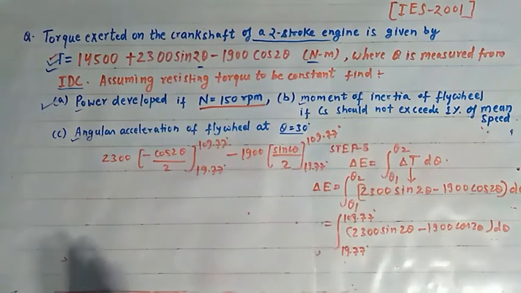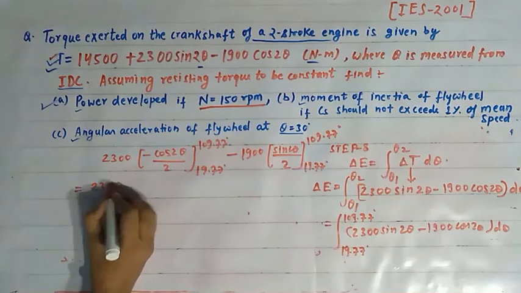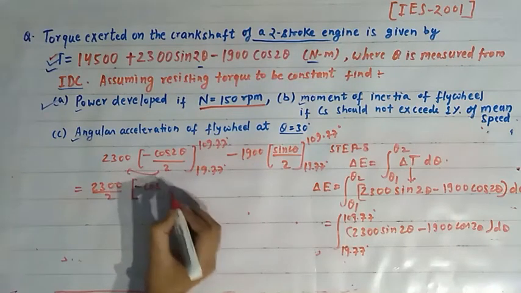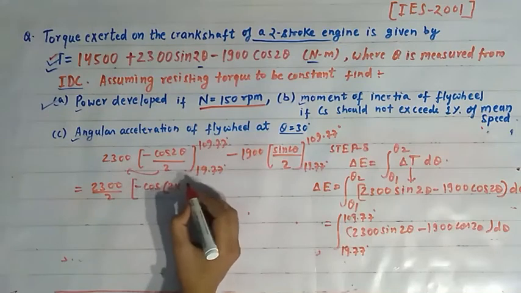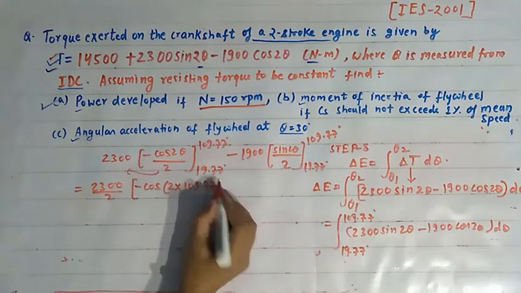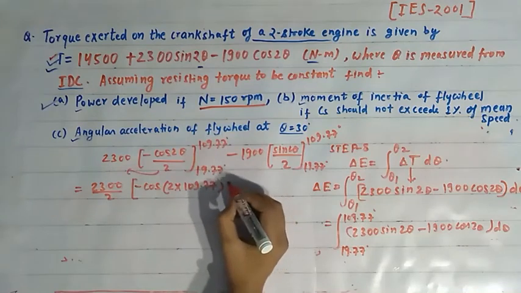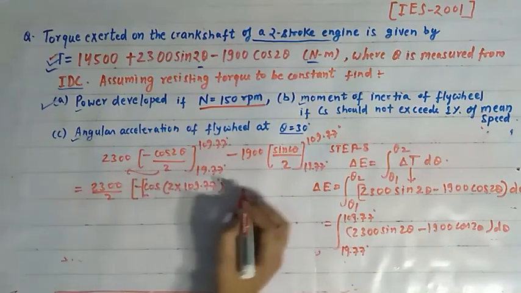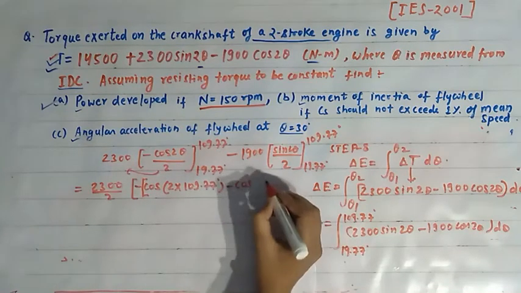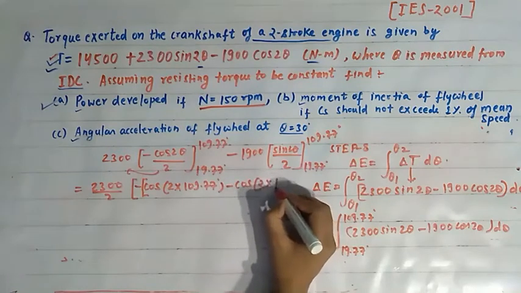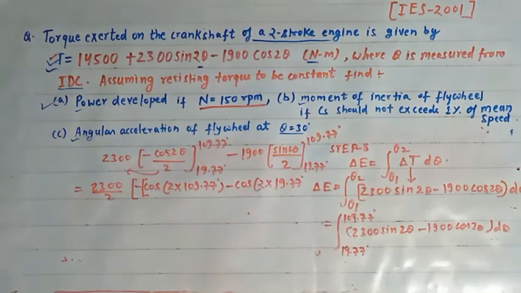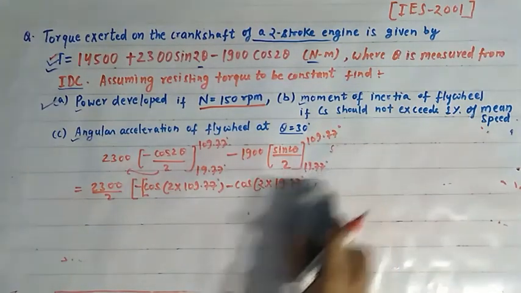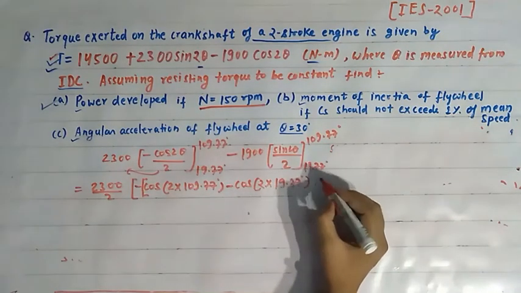Now when we solve this expression, taking 2 outside, we get 2300 by 2 times minus cos 2 into 109.77 degree minus, minus cos 2 into 19.77 degree. I am rubbing this part because space is limited here.